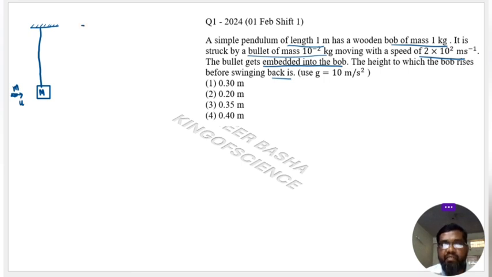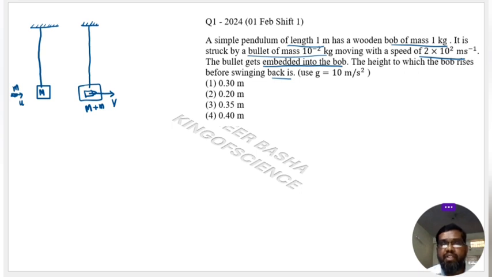How it looks just after the collision: it is in the vertical position only, but now the bullet is inside the block. So now the bullet is here. This entire system has now acquired a velocity v because of this collision. Now the total mass will be m plus m.